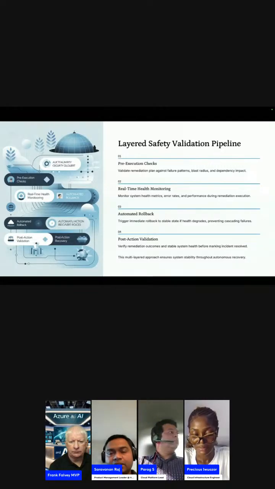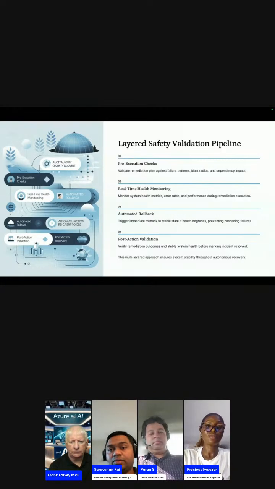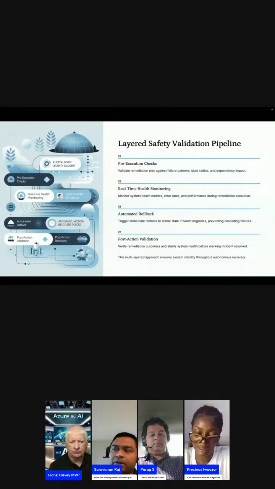If it's a Sev0 outage, it's super huge, and it impacts multiple cloud regions, then we can define certain rules to engage a human in the loop. But if it is a repetitive scenario, or a smaller blast radius, then the system can potentially self-heal. That type of layered pre-execution check needs to be there as a first step.